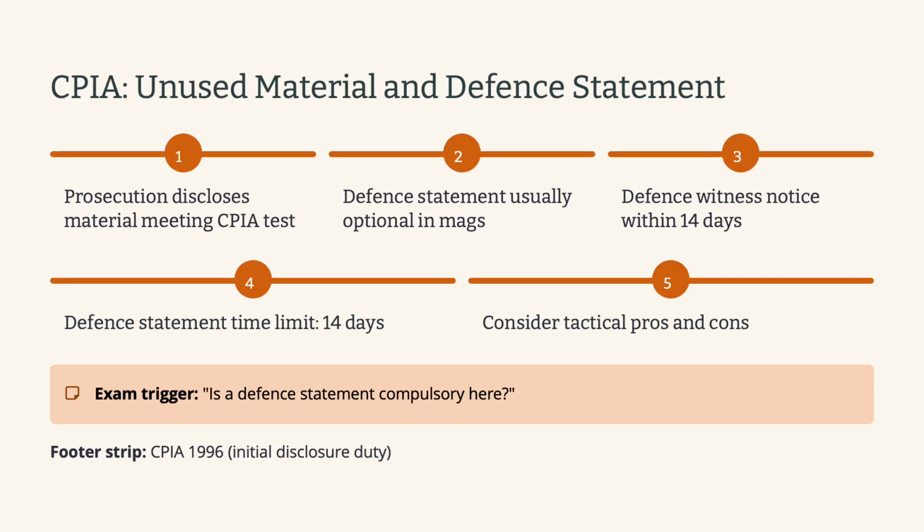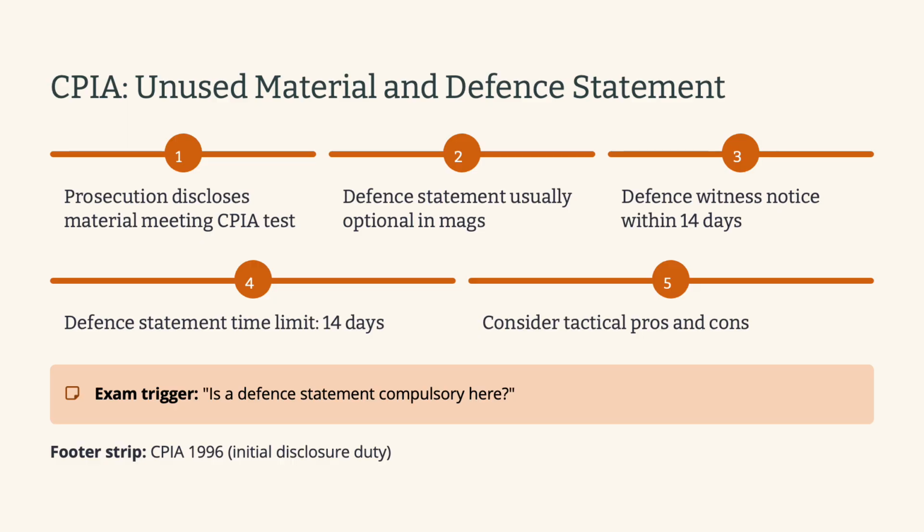So let's examine the Criminal Procedure and Investigation Act 1996, the CPIA, and how it applies in magistrates' court summary cases. First, the prosecution must disclose unused material that meets the statutory test we talked about. They review everything they have and disclose what might undermine their case or assist the defense.